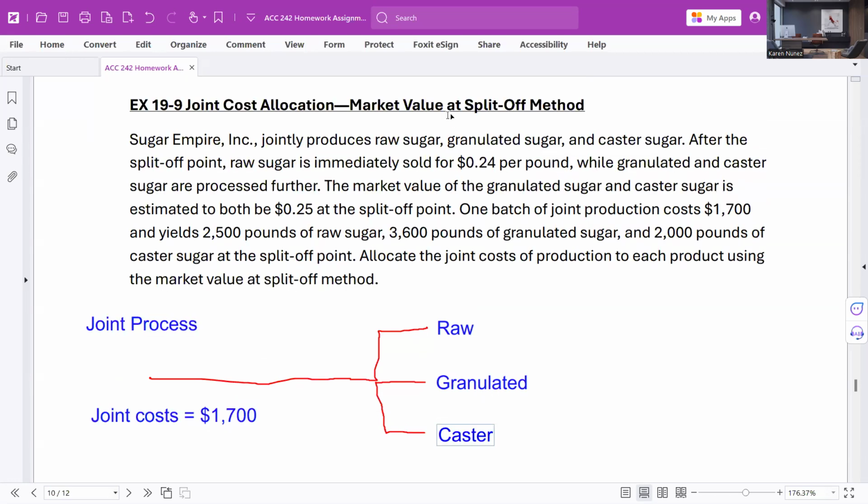And what we want to be able to do is allocate this joint cost based on the market value at split off, because we could sell the raw sugar for 24 cents a pound. We could sell the granulated sugar for 25 cents a pound. So 24 for the raw sugar, and the granulated and castor can both be sold for 25.